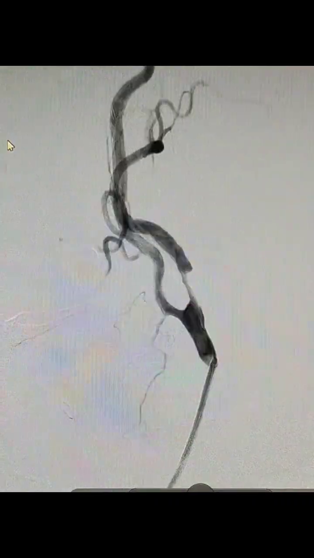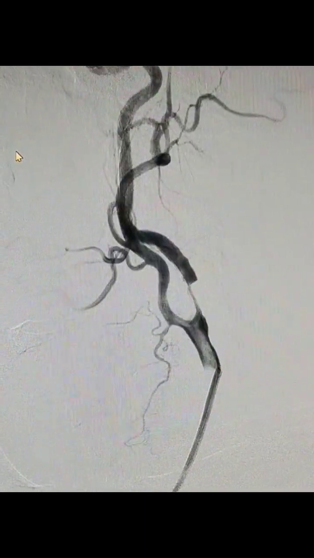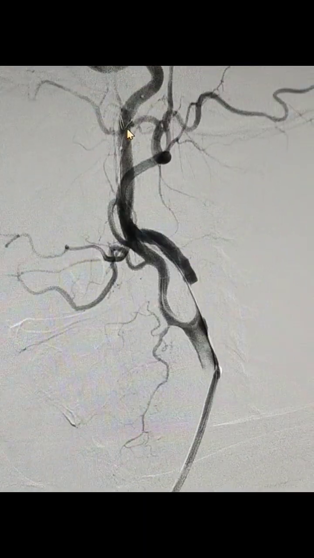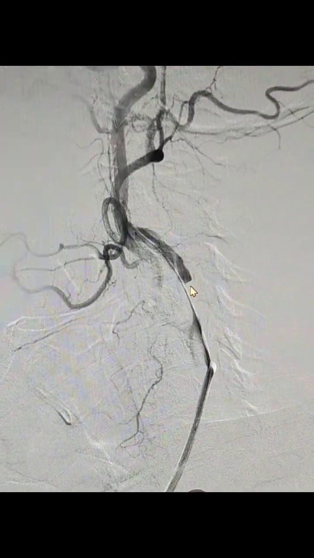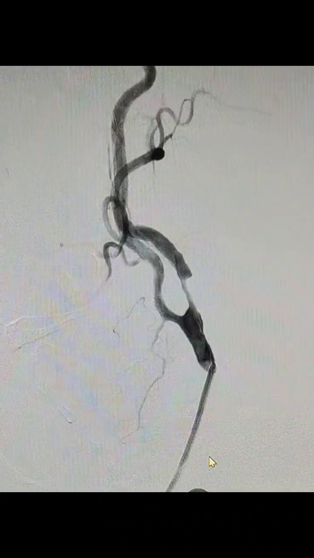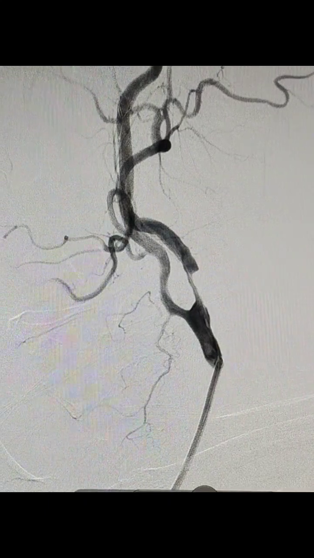So this is the digital subtraction angio, and you can see the embolic protection device is there near the arrow, and the lesion is here. So we are going to predilate it, and then we are going to stent it. So this was the still images which I showed you earlier.